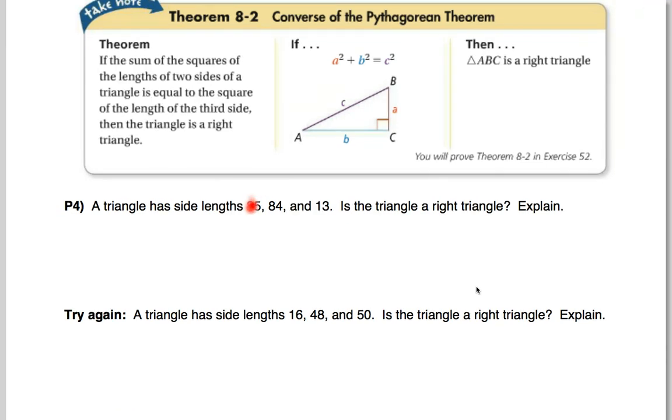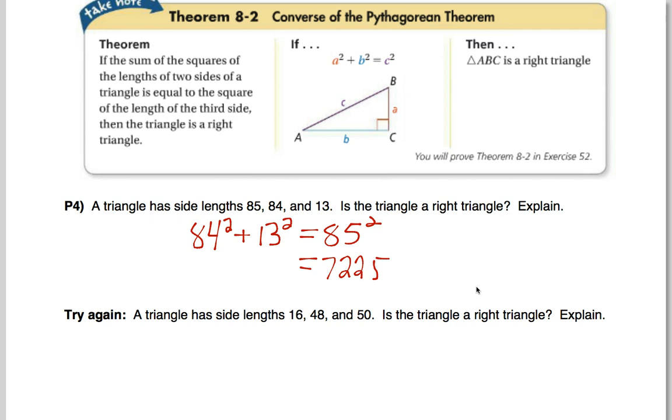We need to know that 85 is bigger than 84 and 13. So that means 85 is the hypotenuse. So 85 squared is 7,225.